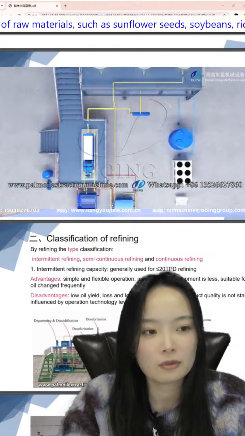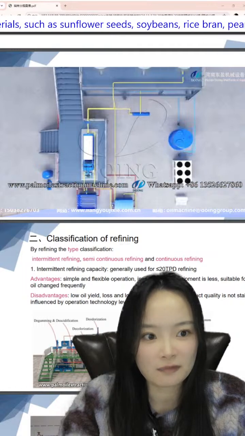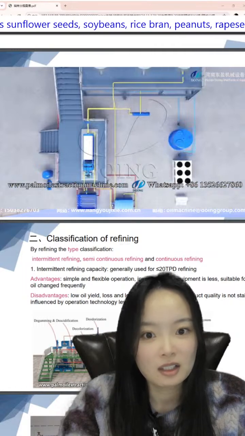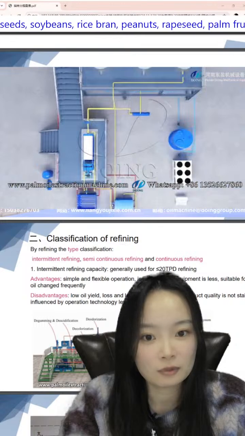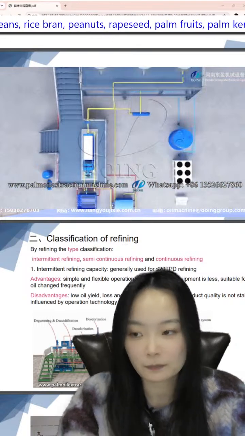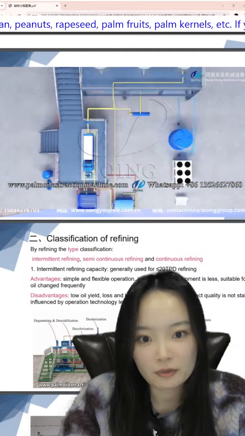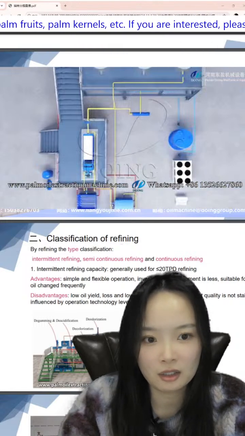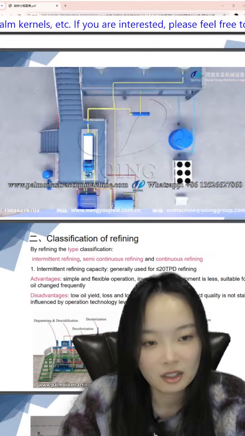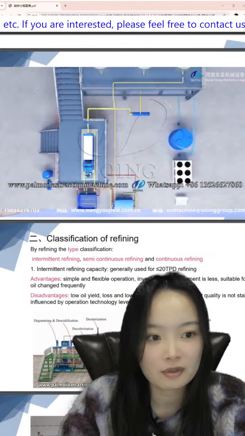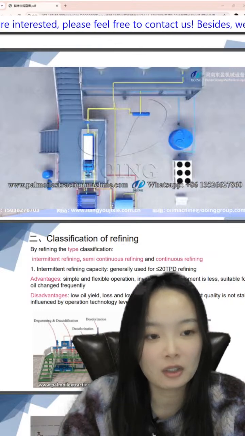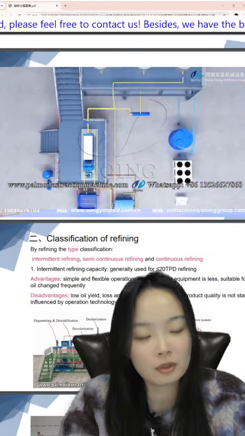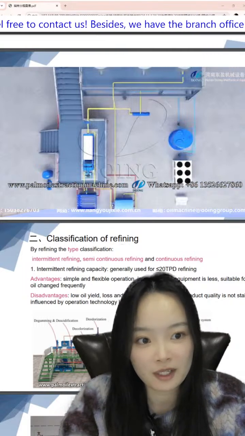This is usually classified by the capacity. Let's look at the intermittent refining. If you want to use intermittent refining, it is generally used for a capacity below or equal to 20 tons per day.